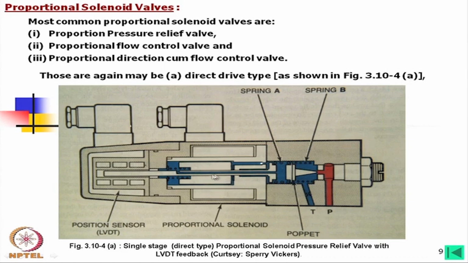According to the current input, this poppet will be controlled, and then this orifice will open by a certain amount, and in that way the relief valve control will be there.